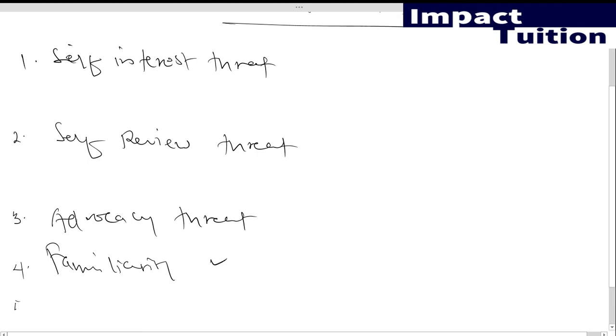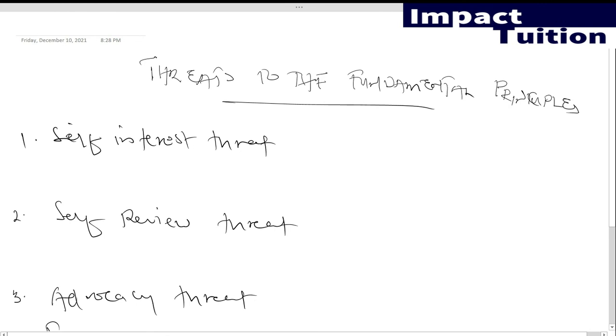And then five, intimidation threat. Let's do a brief discussion.